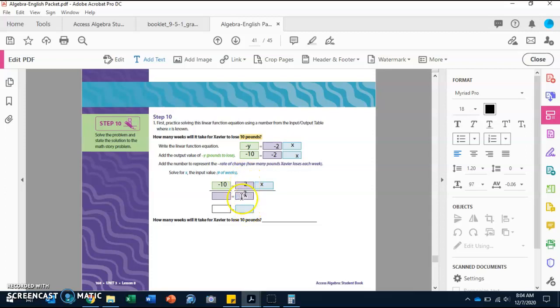But if we put it right here, that means we have to put the same thing over here, which is another negative 2. So now this cancels out. Negative 2 divided by negative 2 is 1. So we don't have to worry about this anymore. Now we only stay with x equals negative 10 divided by negative 2.